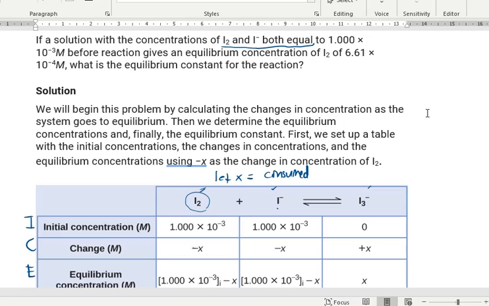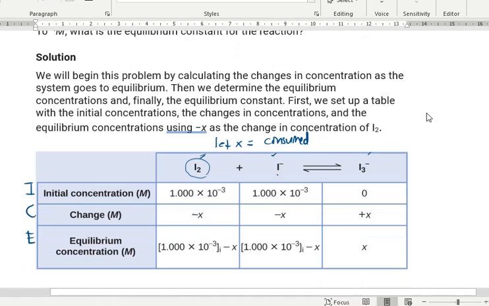Okay? So negative x is your change. Your I3 minus, of course, because this is produced, is plus x. Alright? That means your equilibrium concentration would be the initial minus x.